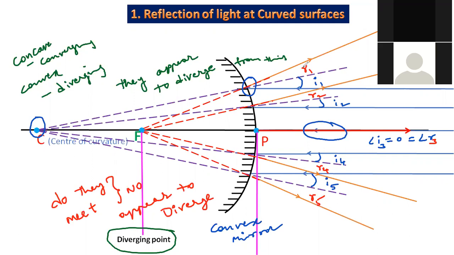Concave mirror. So what is the mirror you see on the screen called? Diverging mirror. Which mirror is this? Convex mirror. So convex mirror is called the diverging mirror. Concave mirror is called the converging mirror. Is it clear?